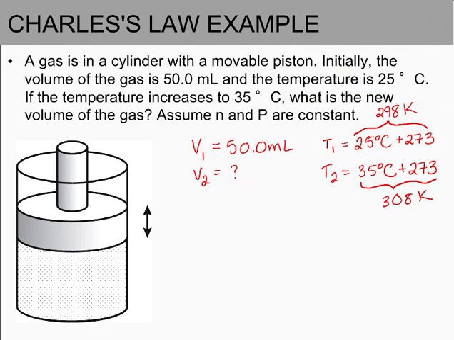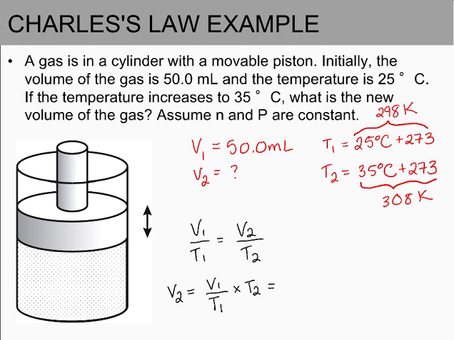Okay, so let's set up our equation. So we're trying to solve for V2. So I'm going to multiply both sides by T2, and that will give us that V2 is equal to V1 over T1 times T2.